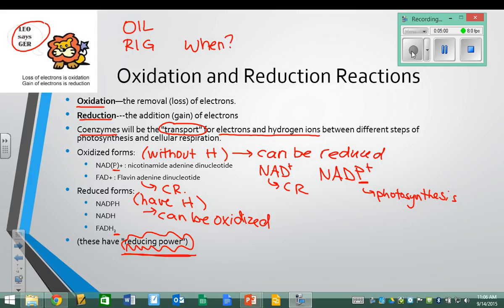But I'm just going to put a little note here that in the long run, you should be able to tell me when a molecule gets reduced or oxidized. In other words, which step of photosynthesis or cell respiration it happens in. So that's the end of lesson 6. And I'll move on to lesson 7, which is the video that you saw about the chloroplast and the electrons.